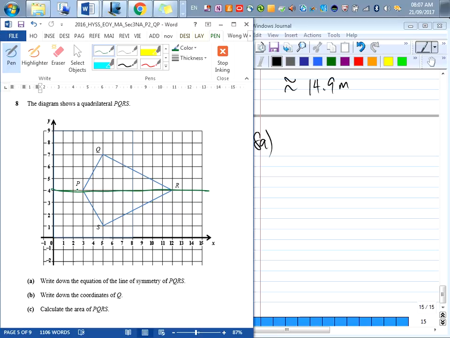So the equation of the line is 4. Is this an equation? No, this is a number. We need y equals 4 because everywhere on this line, y is equal to 4. It's not negative 4. This is part of the square, you know.